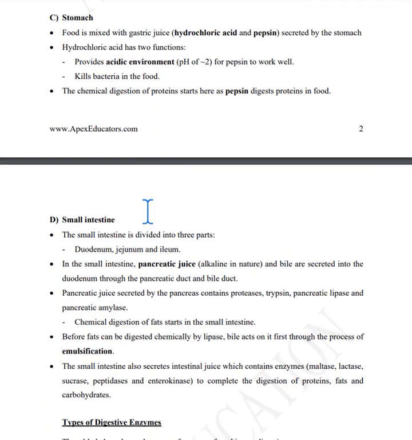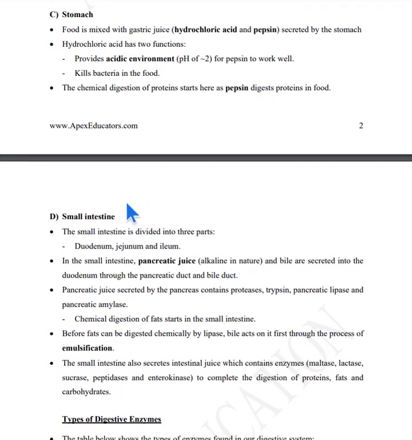You need to state what the gastric juices are. They are hydrochloric acid as well as pepsin, and they provide an acidic environment of about pH 2 for pepsin to work well, and it kills bacteria in the food.